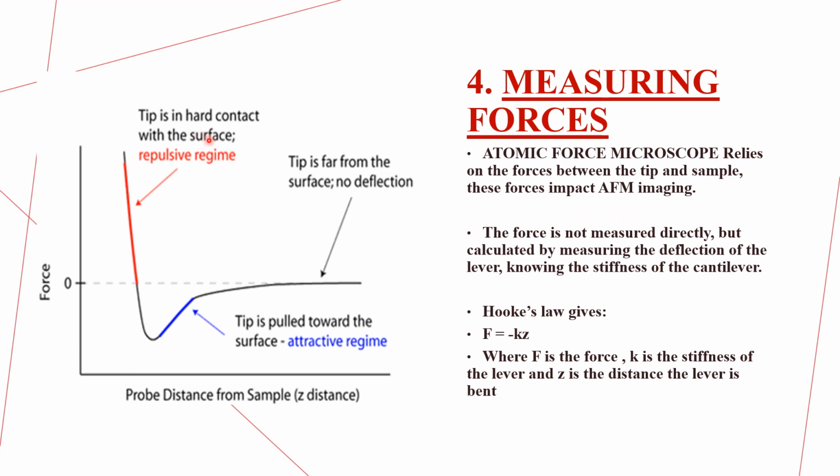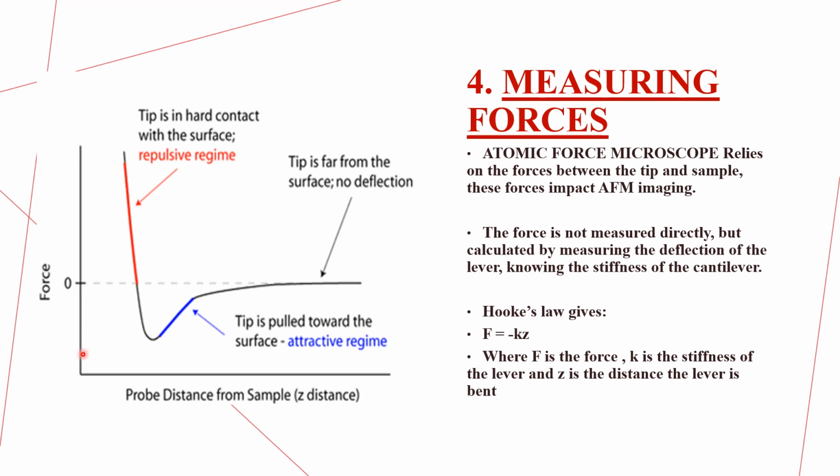If the tip is in very close contact with the surface, it gets a repulsive kind of force. When it is a little bit further apart, it gets attractive, and when it is very far, there is no kind of deflection.